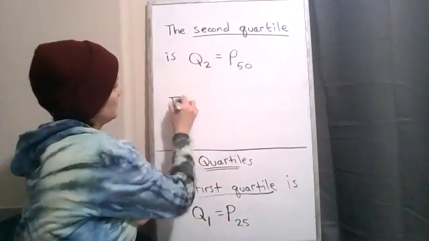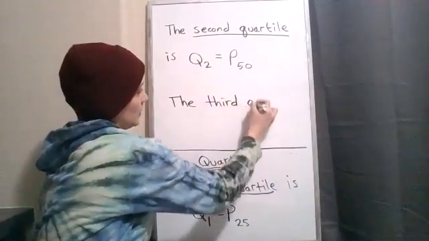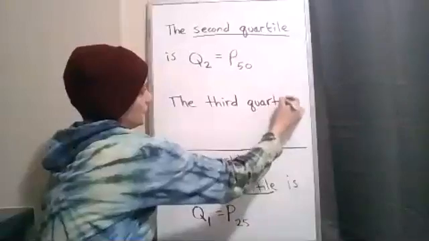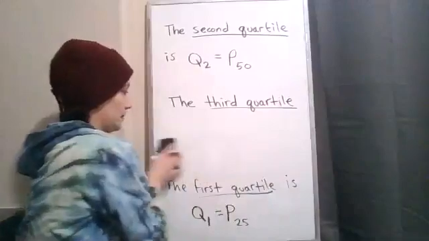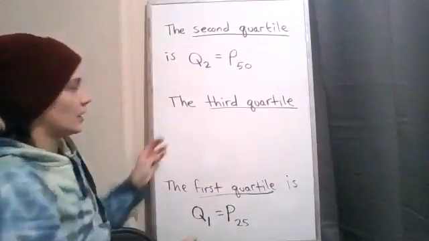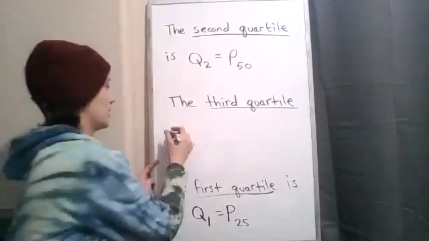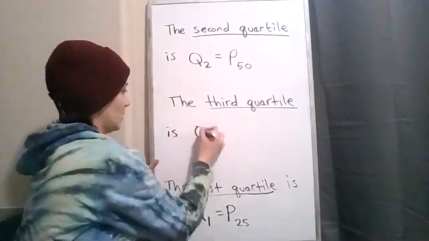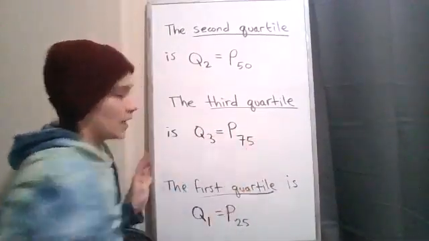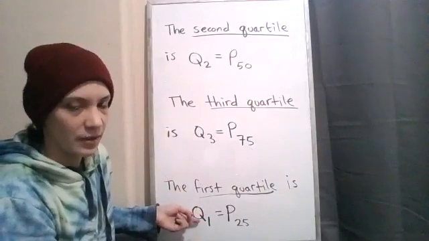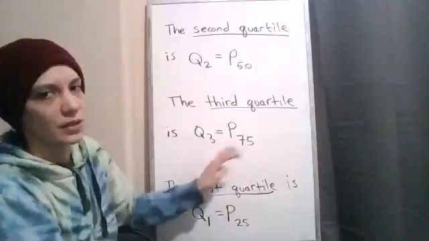Last one, third quartile. We call it Q sub 3, it equals P sub 75. By the way, I'm going to list out steps of how to find Q1, Q2, and Q3, but just for side notes, this is what they are.